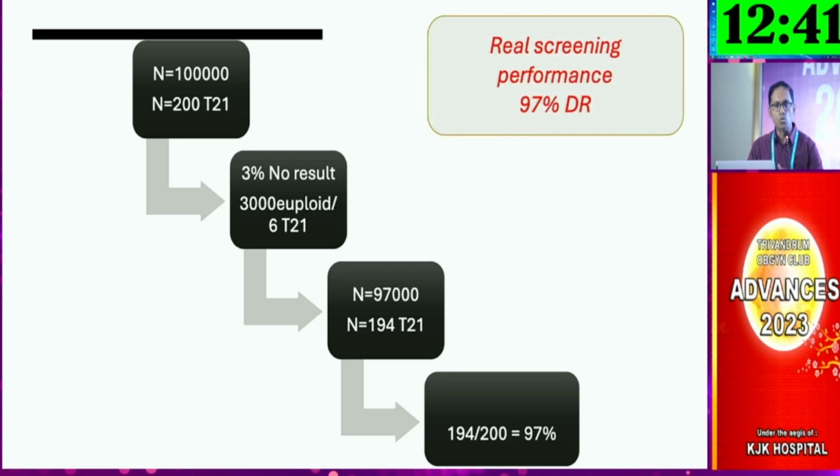So if you have a no result rate of around 3%, but actually the no result rate is much higher than that. But let's say you get a no result rate of 3%, you're going to miss out on 3% of your Down syndrome babies.